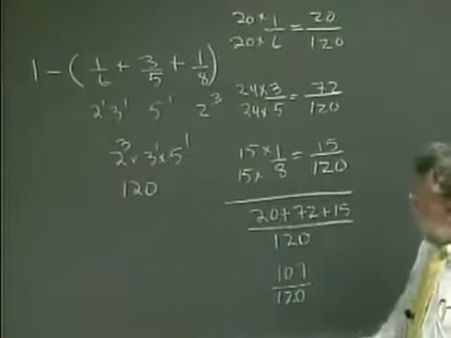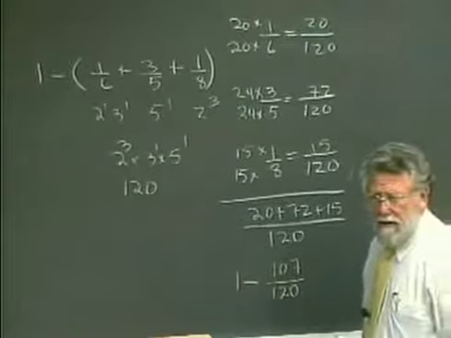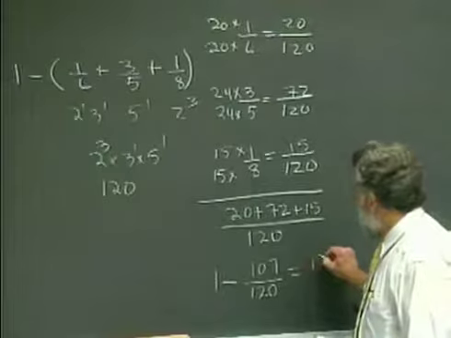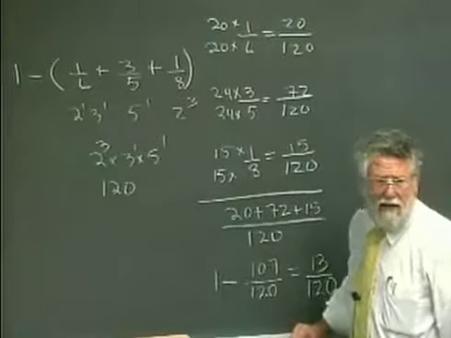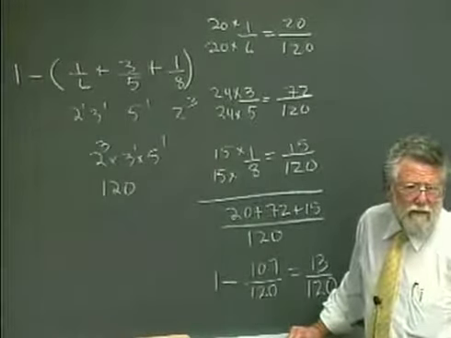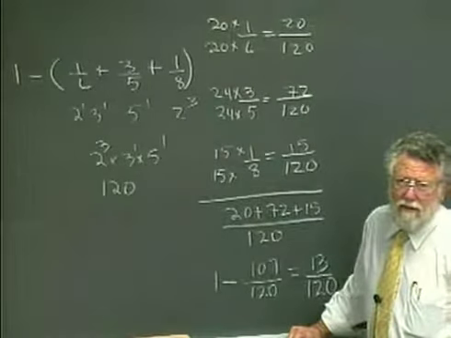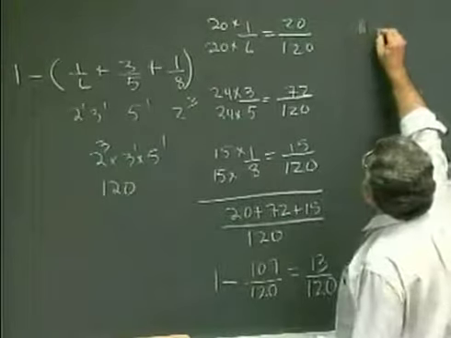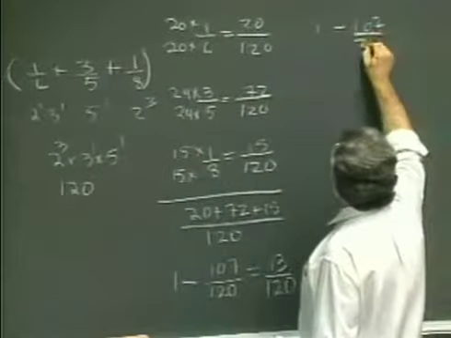So what does that leave when I take 1 minus that? 13 over 120? No, I think you are at this point thinking of the pie that you'd like to eat for lunch. Yes. Okay, but we have 13 over 120. And it does not reduce. 1 minus 107 over 120.